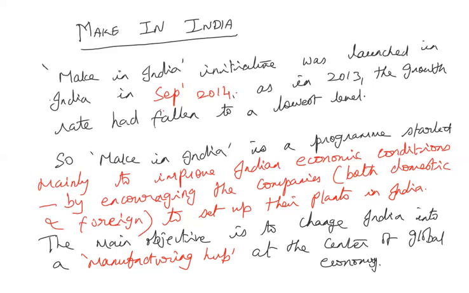And you can see the private sector entering the space sector, launching rockets. Whatever commodities can be manufactured within our country are manufactured, and at the same time foreign companies are encouraged to set up their plants in our country.